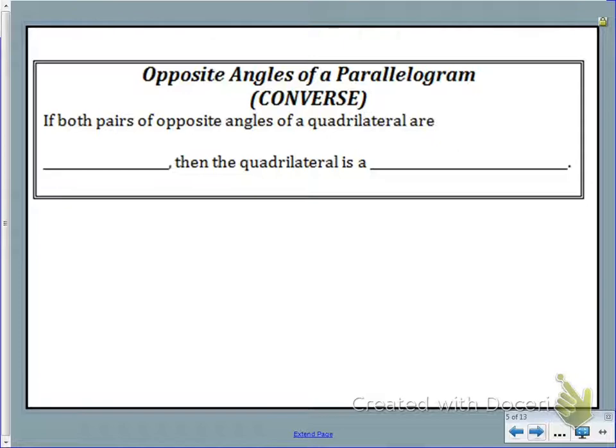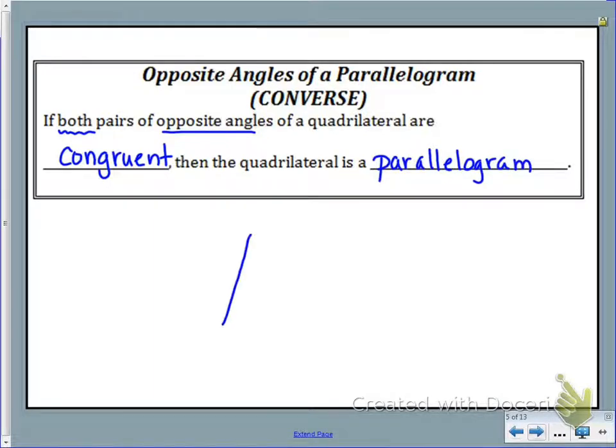Here's the second. So this is another converse because we're proving it's a parallelogram. If both pairs of opposite angles, so now the key is both pairs of opposite angles of a quadrilateral are congruent, then the quadrilateral is a parallelogram. In your annotations, again, you have that shape.